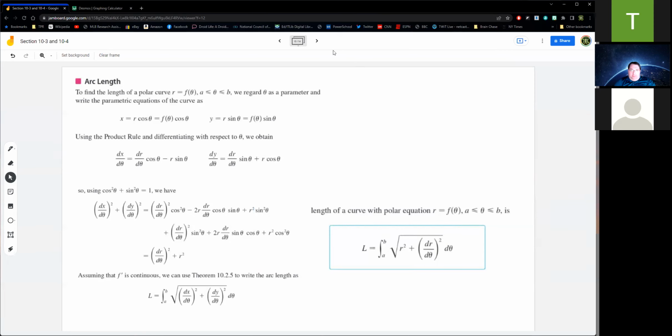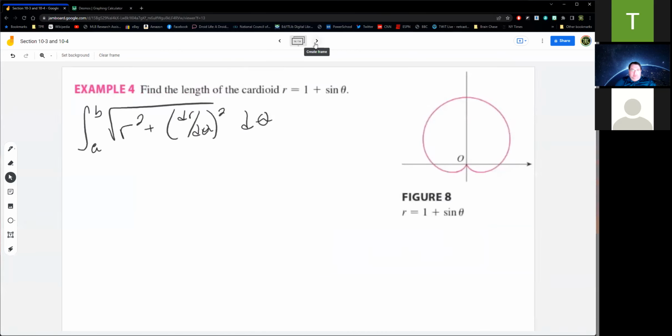All right, last problem. Let's use this. So we're going to find the length of the cardioid.